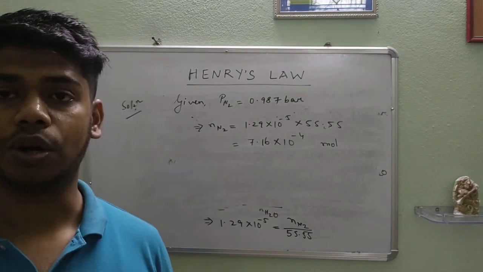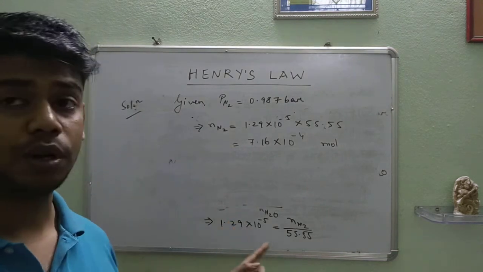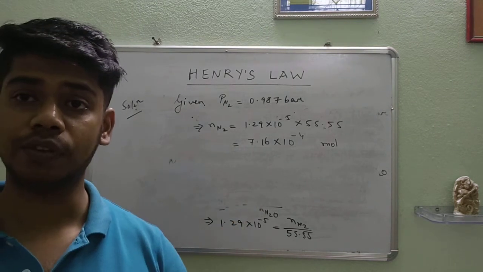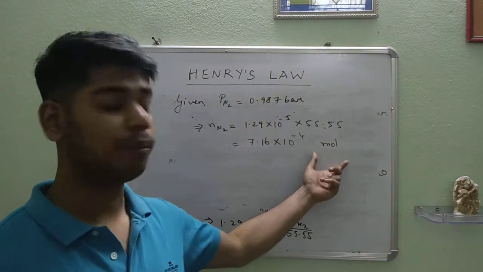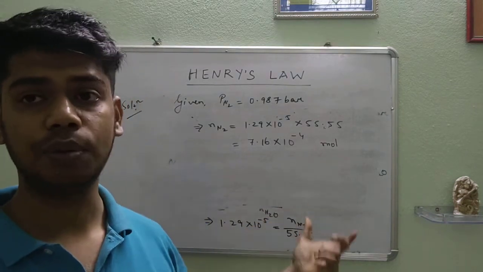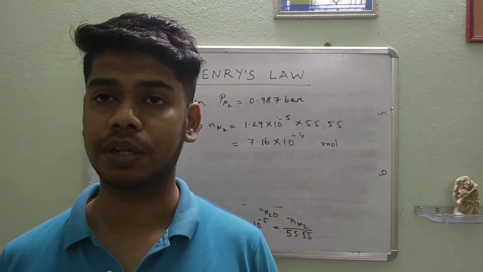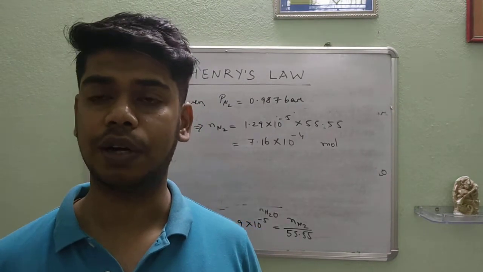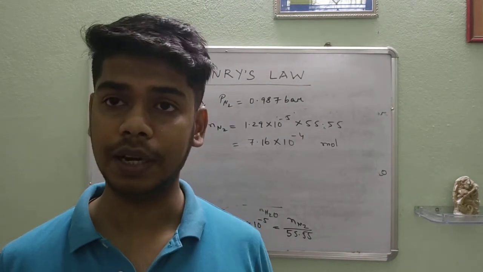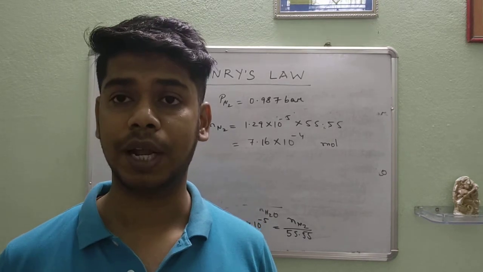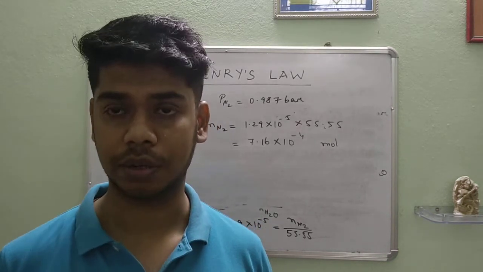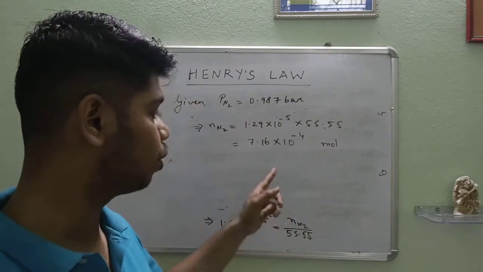But you are not asked to find out the moles. You are asked to find out the number of millimoles. So from moles we have to convert it into millimoles. How will we convert from moles to millimoles? If we convert 1 liter to milliliter, we multiply by a factor of 1000 or 10 to the power 3. So here also we do the same thing.